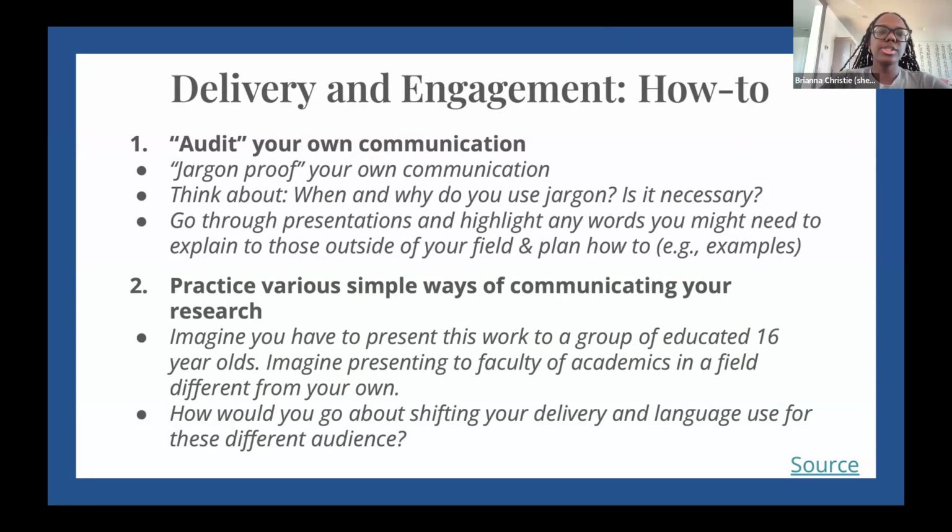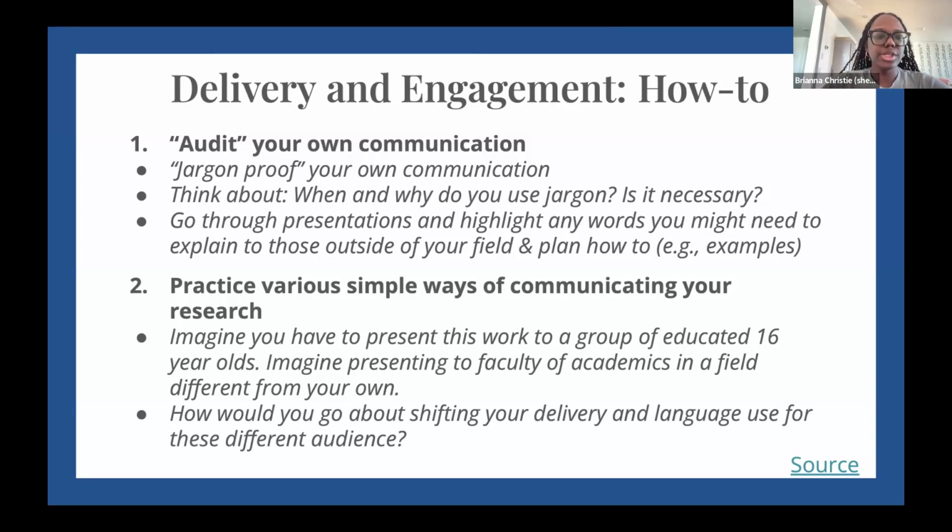Something to do to audit your communication, presentation and delivery is to go through your presentations and possibly highlight any words you might need to explain to those outside of your field, and plan how to use them. In the next slide, we're going to do an example of this, a trial run, but just keep that in mind.